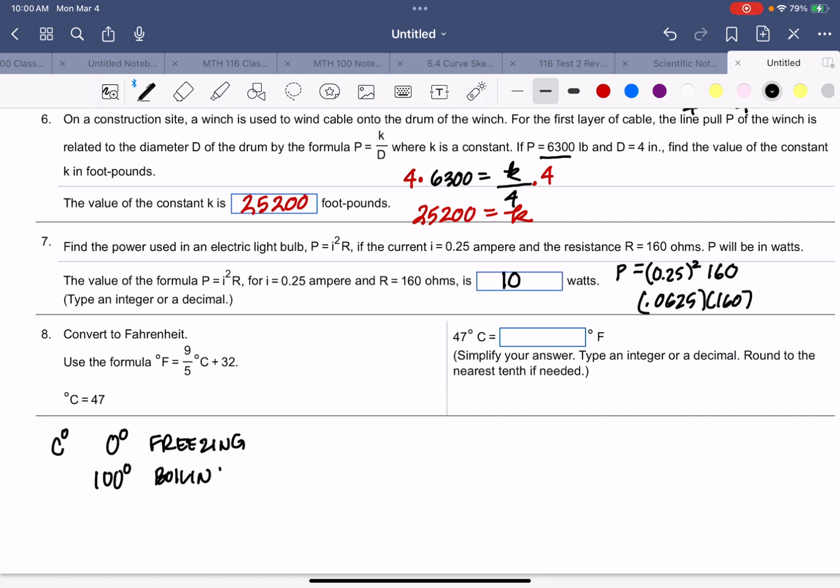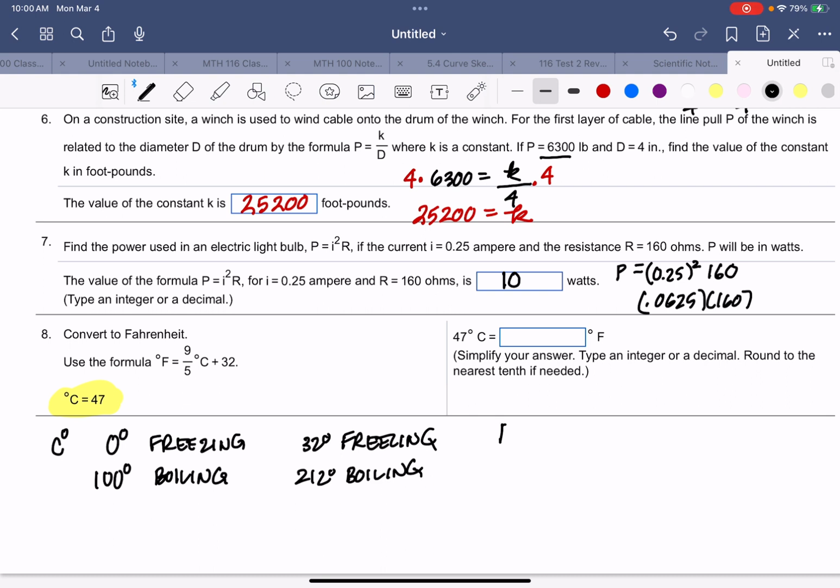Well, our system that we use is 32 degrees is freezing, and 212 degrees is boiling. So the formula transforms from one type of temperature system to the other. They gave us a C of 47. Let's see if that's hot or cold in our Fahrenheit system.